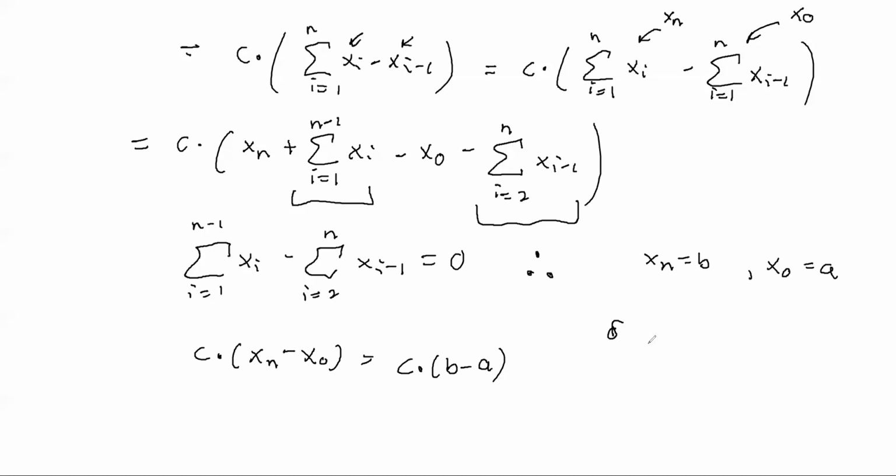But if I were to choose anything within that, it's clear that the max of delta x sub i being less than delta would imply that the integral from a to b of f of x is c times b minus a.